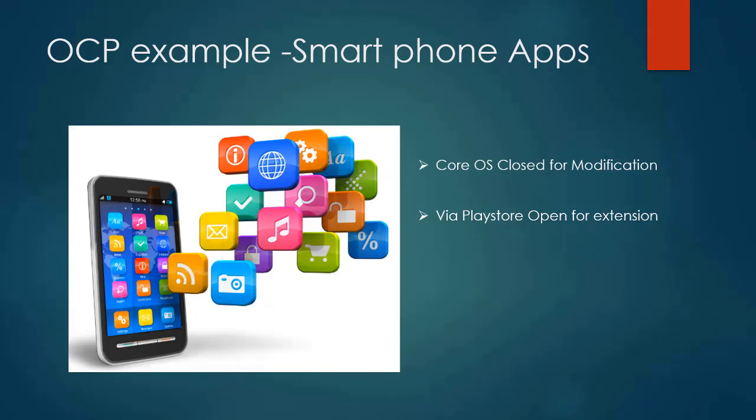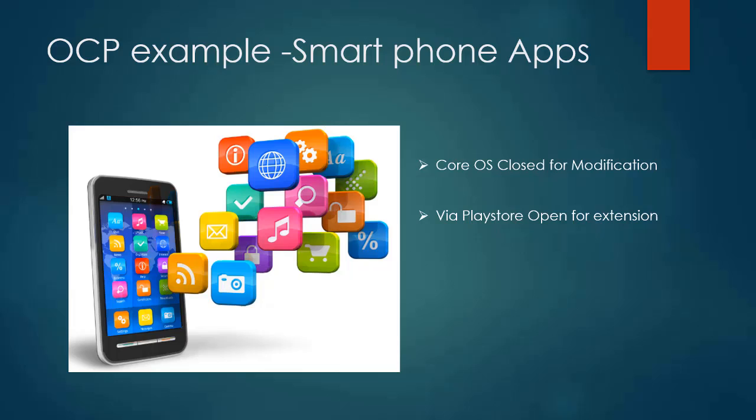Let's try to understand this principle with one more real-life example. A great example of the OCP principle in real life is sitting in your pocket in the form of a smartphone. All such phones have app stores, and these app stores let you extend the base functionality of the phone. That is, via the app store, you can extend the phone's capability to allow you to manage your to-do list, play video games, and even serve as a flashlight or wireless access point.